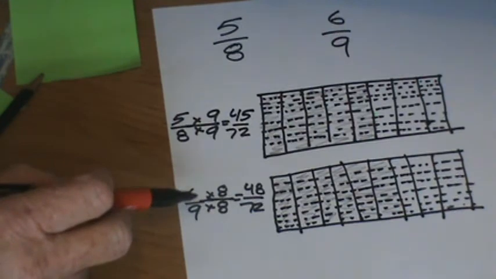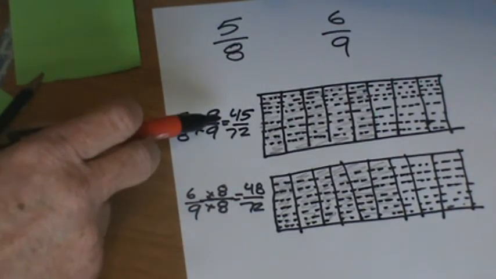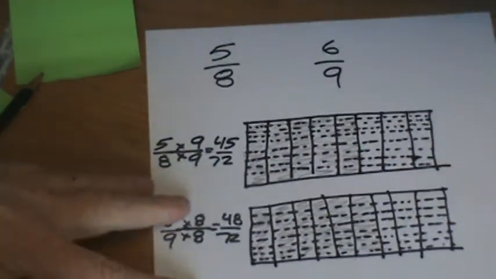So you can see that 6 ninths is 48 72nds, and 5 eighths is 45 72nds. So 6 ninths is in fact larger.